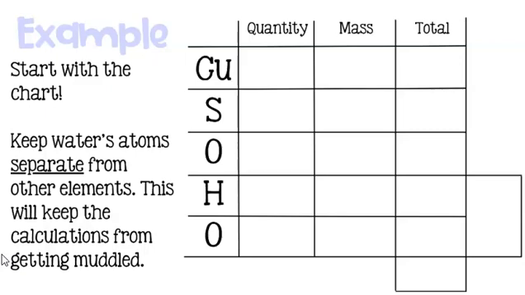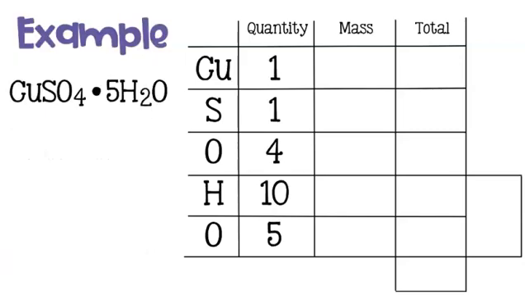So, since oxygen shows up in both copper(II) sulfate and water, you're going to have to list oxygen twice. Copper(II) sulfate has 1 copper, 1 sulfur, and 4 oxygens. Water, on the other hand, you will have 10 hydrogens and 5 oxygens because you have a pentahydrate.